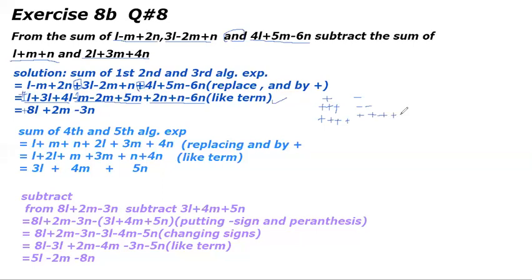Now we have to cancel one negative sign with one positive sign, the second negative with the second positive, and the third negative with the third positive. What is left over? Positive 2M is left over.